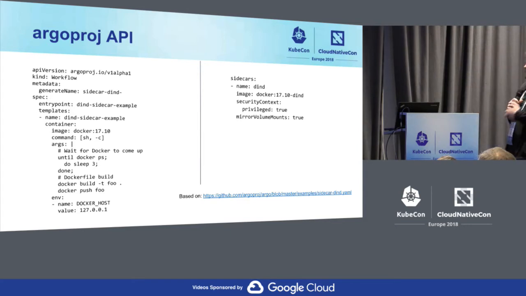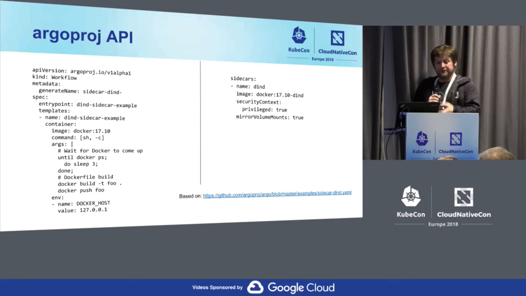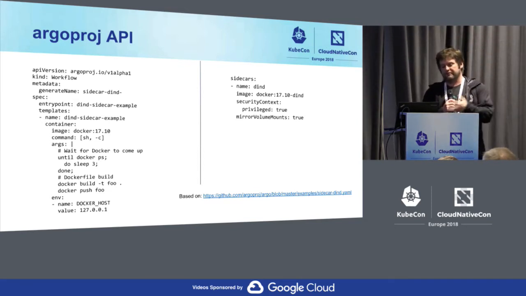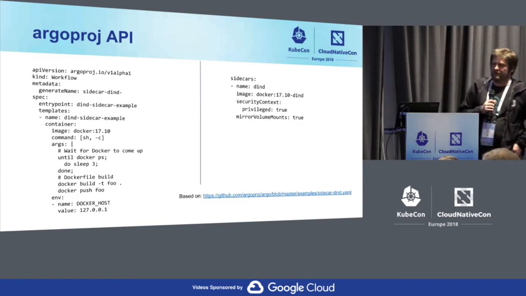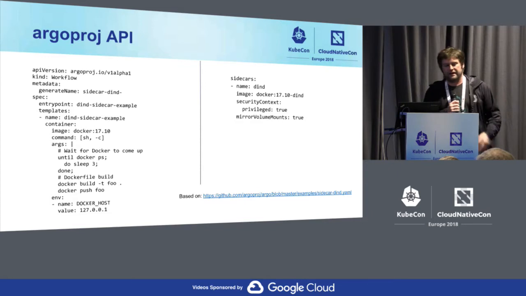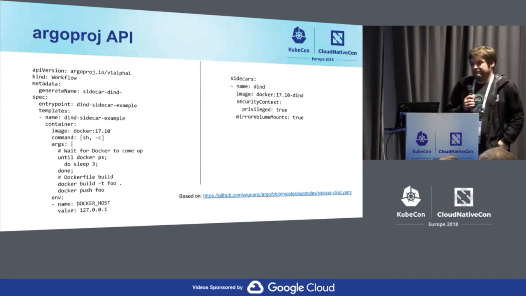Again, this is not necessarily purpose-built for builds. I think it's intended to be a broad workflow solution, but build is one of the types of workloads people have used this for because it can do Dockerfile builds on cluster.